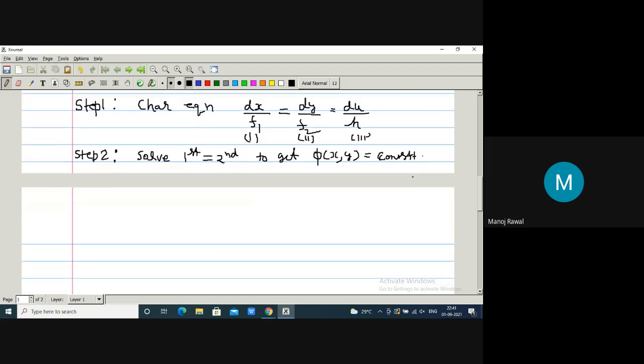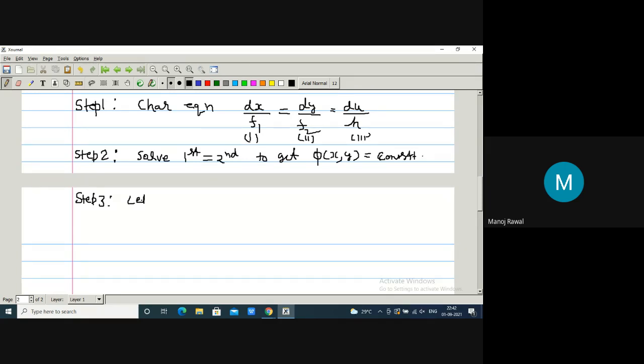Now step 3. In step 3, I will introduce the new symbols xi and eta, keeping the following rule in mind.